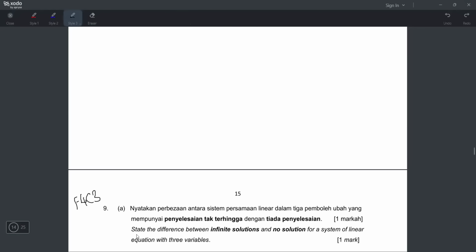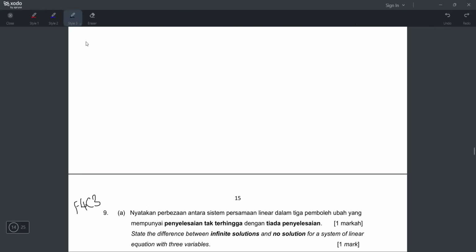Okay, let's see. A, state the difference between infinite solutions and no solution for a system of linear equations with 3 variables. Alright. The most obvious difference between the two is the intersection point. So you can mention the intersection point.